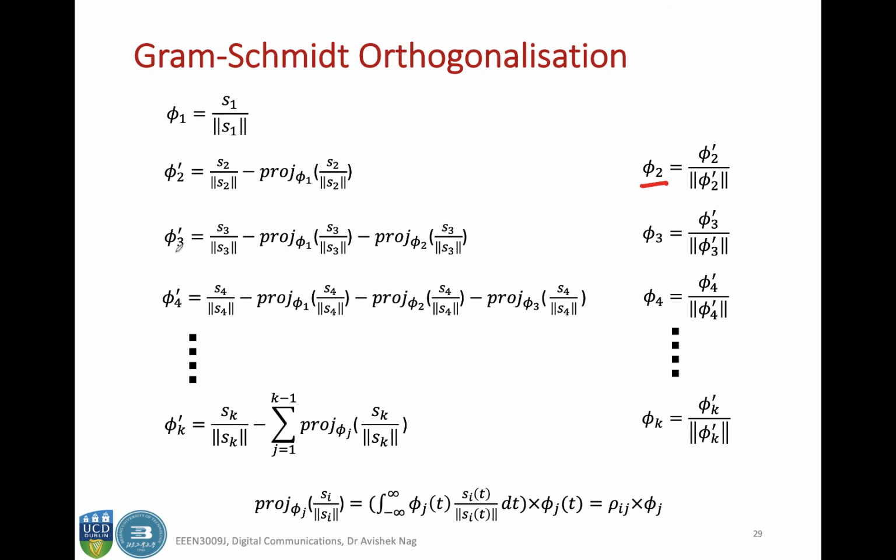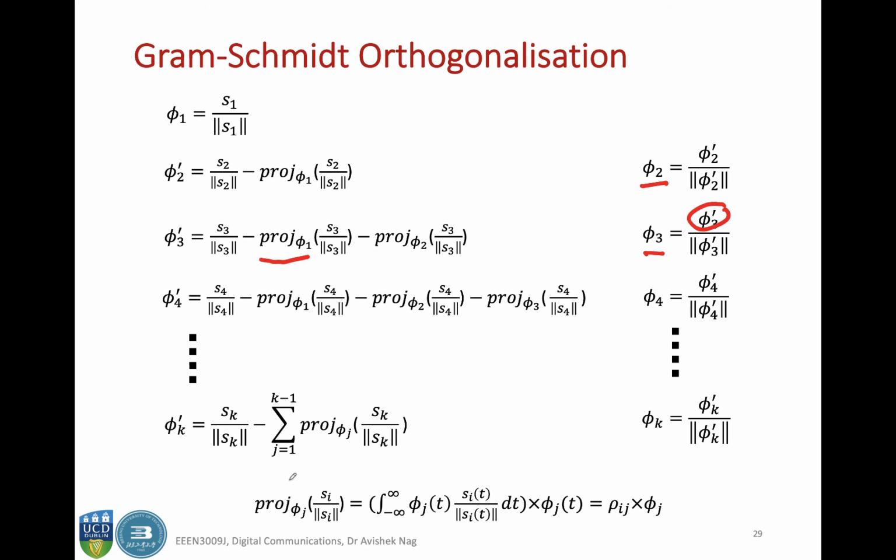Then you calculate phi3 prime, which is s3 normalized by dividing it by the norm of s3, and then you eliminate all the projections of s3 on the phi1 and phi2 axes, and then you obtain phi3 by normalizing phi3 prime, dividing it by the norm of phi3 prime.